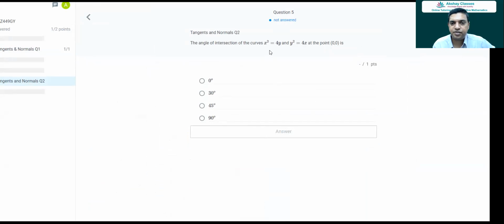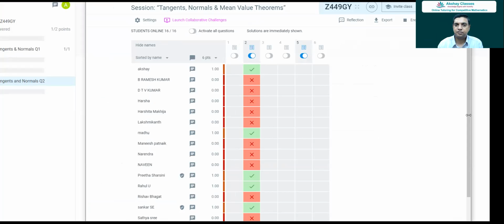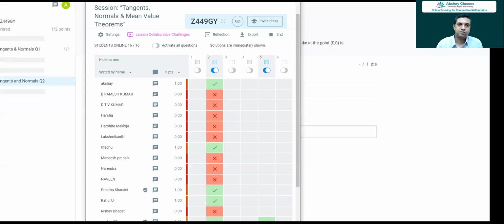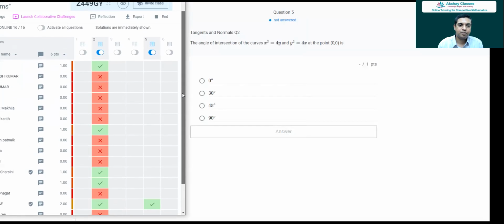The angle of intersection of the curves x square equal to 4y and y square equal to 4x at (0, 0). Please do this. Good.